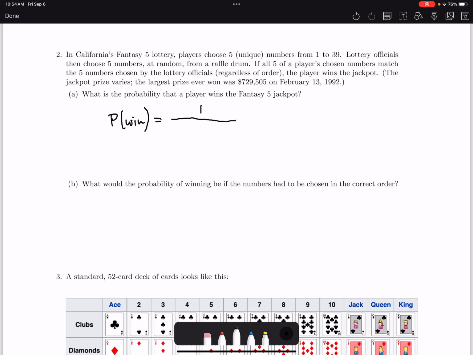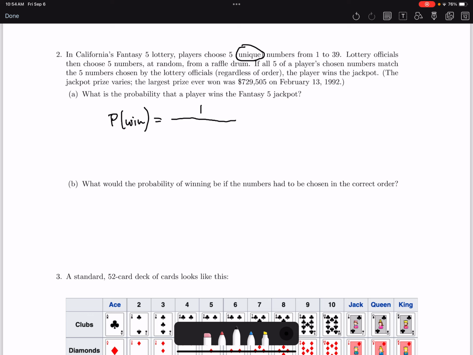And I think I'm kind of giving away the answer to the counting technique that we would use here, but let's think it through, right? So to decide how many different groups of numbers that we could choose, we need to use a counting technique. So we should ask ourselves, first of all, is repetition allowed here? And I think the answer is no, because the numbers have to be unique. Okay, so we're not going to choose 1, 1, 1, 1, 1, right?